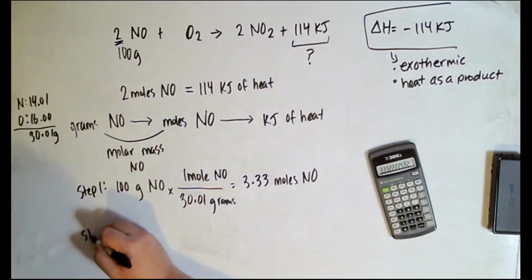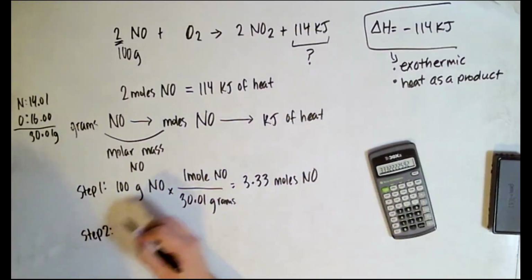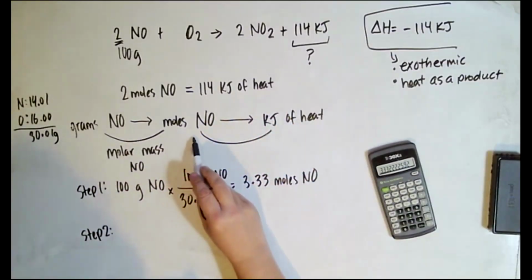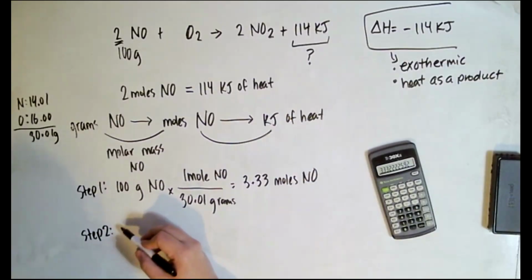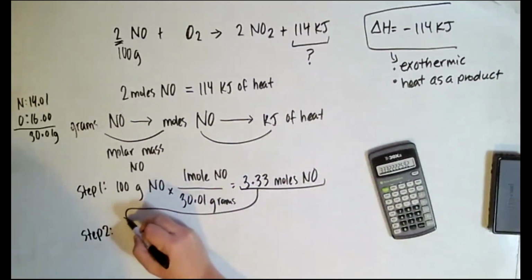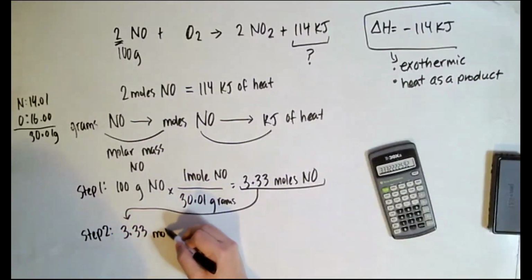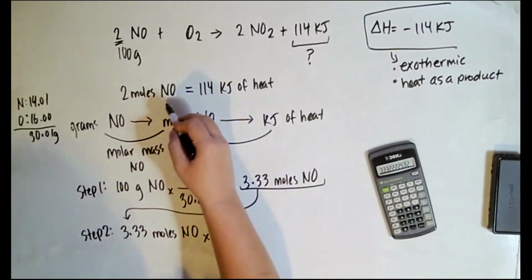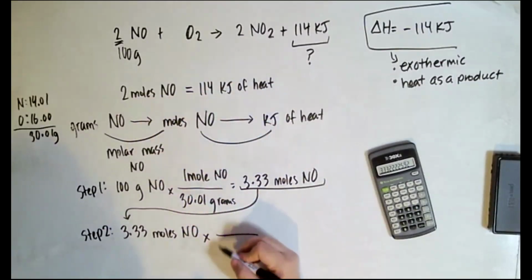In step 2, I'm going to use my balanced equation to go from moles of NO to kilojoules of heat. So I've got 3.33 moles of NO. And I know that every 2 moles of NO are going to release 114 kilojoules.